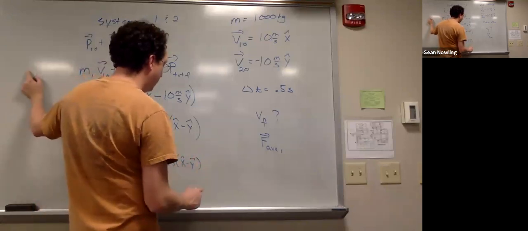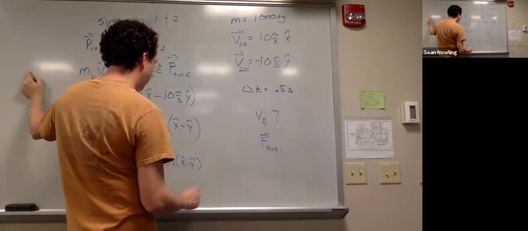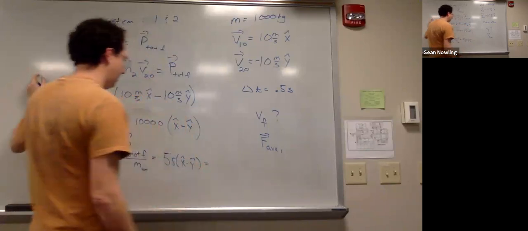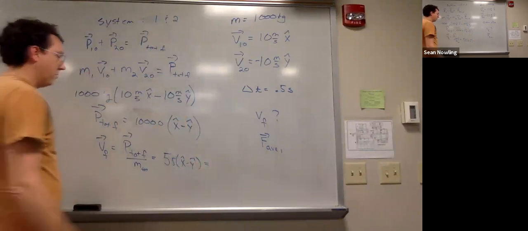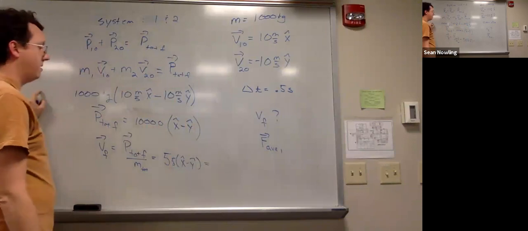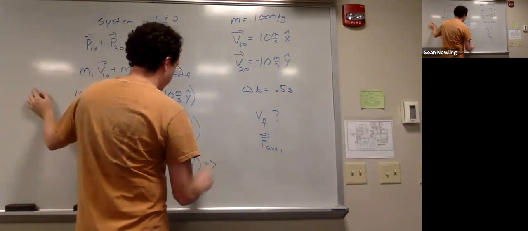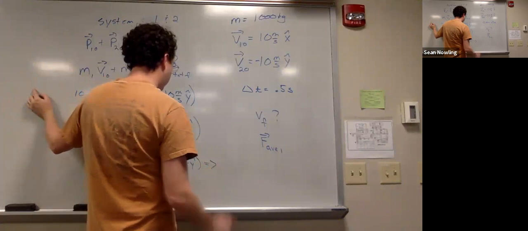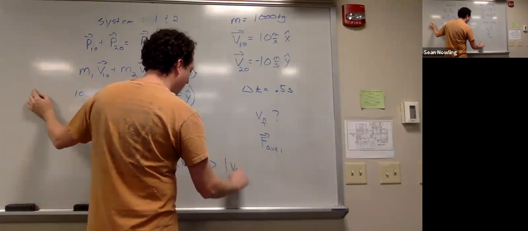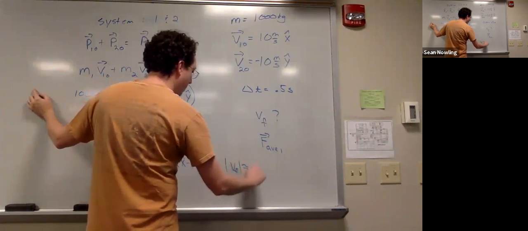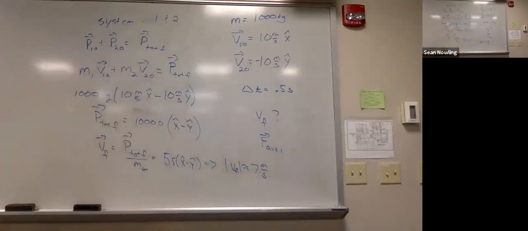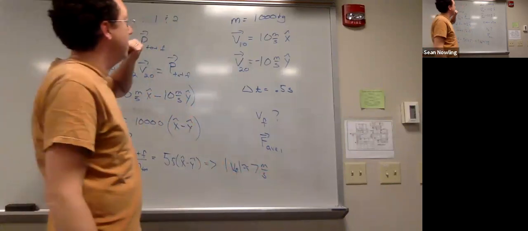Or if I'm working with magnitudes, this is going to be 1.4 times 5, so let's call it about 7. So the magnitude of V final is going to be about 7 meters per second. Okay, so they both were traveling.